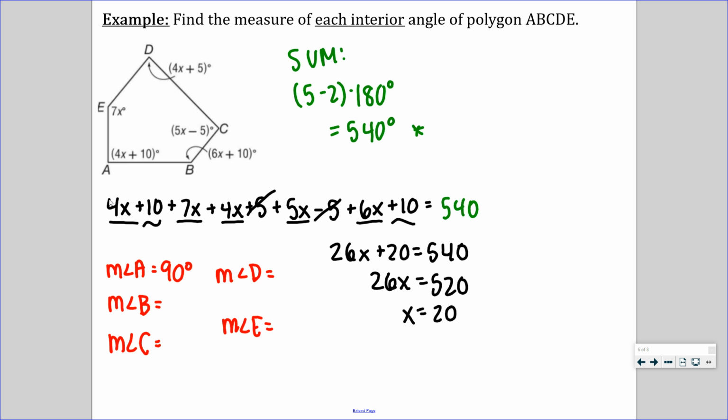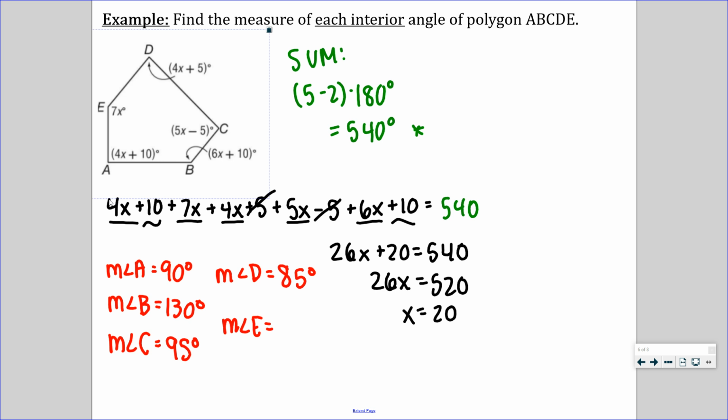Going over to B. 6 times 20 plus 10. 5 times 20 minus 5. 95. You guys are so smart. 4 times 20 plus 5. 85.